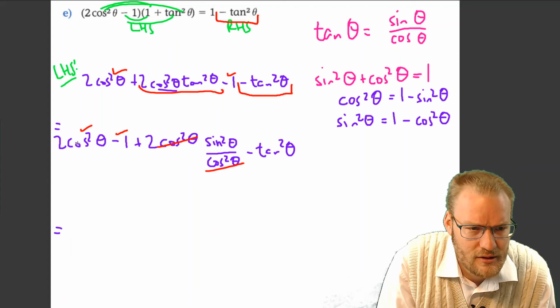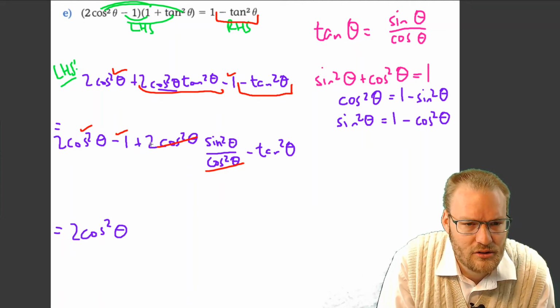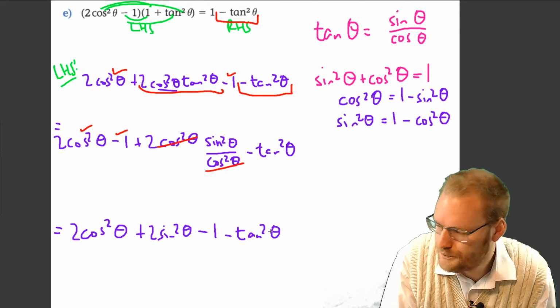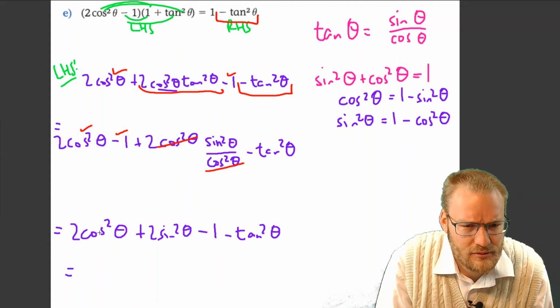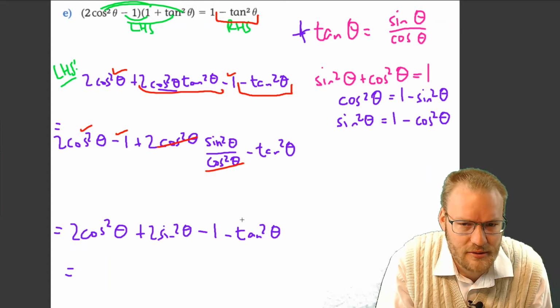Right. So we've got 2 cos squared theta, and we've got our 2 sine squared theta. That's that part. Minus 1 minus tan squared theta. Now, this was just simplifying. So far, all we did was use this trig identity, simplify, and rewrite it again.